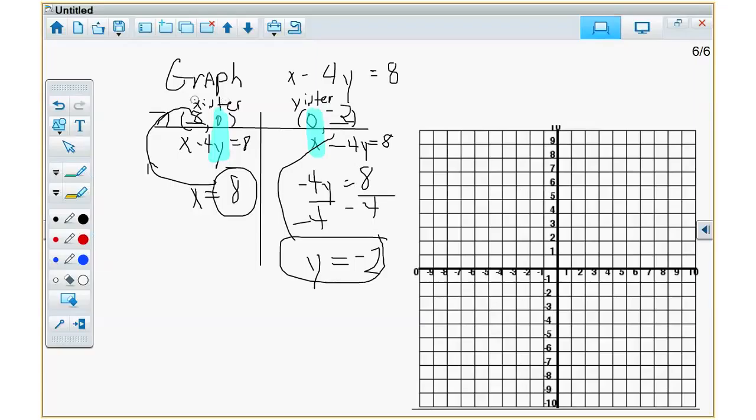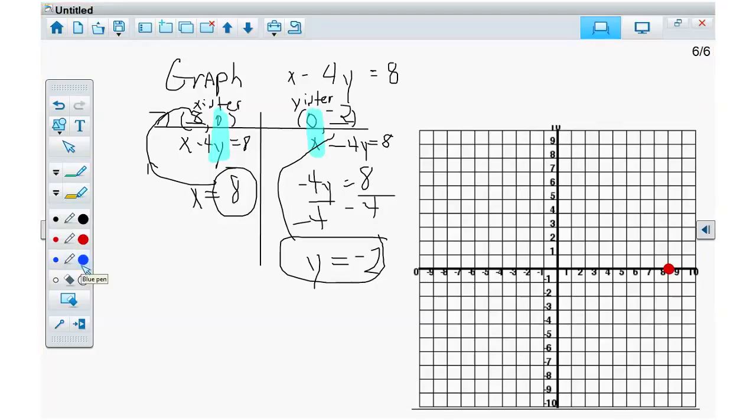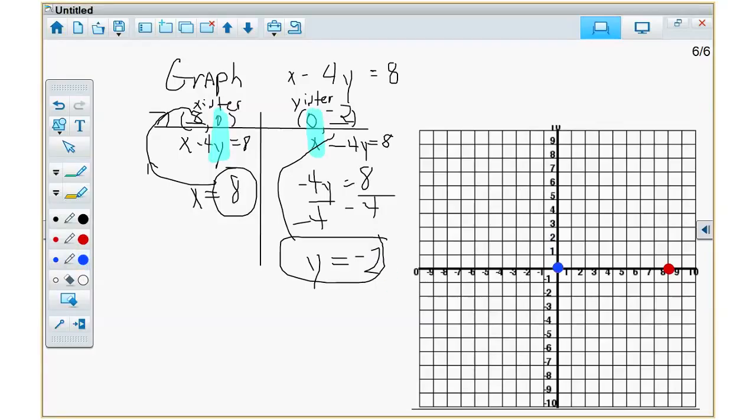This one is on the x-axis, so it's going to be 8 and 0. 1, 2, 3, 4, 5, 6, 7, 8. And it's on the x-axis because it's a what? X intercept. Negative 2. Do it in blue. And there's your points.